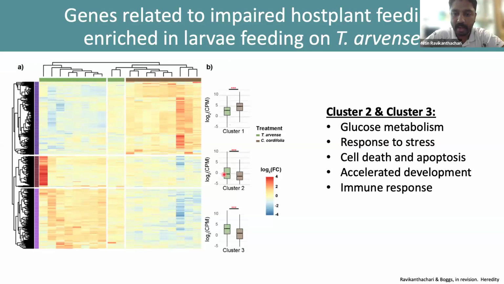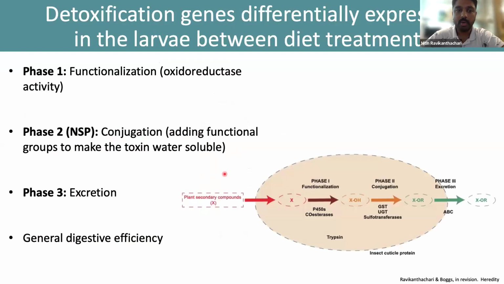We were then interested in what could be causing these differences. One of the things we wanted to check was the differences in gene expression profiles of the detoxification genes. In insect detoxification, there are 3 phases. The first phase is functionalization, which is oxidoreductase activity, and this is where P450s and carboxylesterases occur.